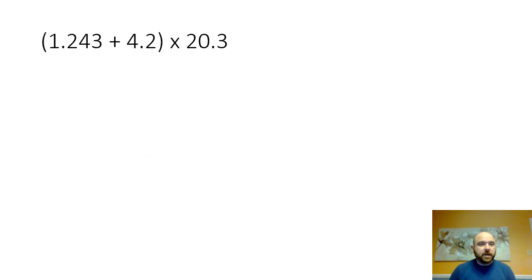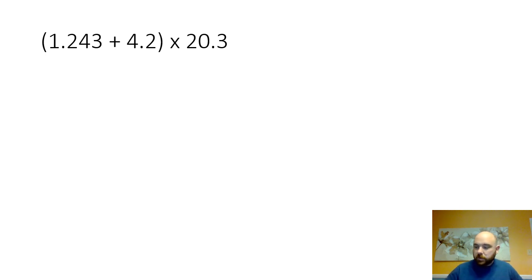In this case, we have mixed operations to determine how many significant figures we're going to use. And so if we remember our order of operations rules, things in parentheses are done first. So we're going to do the addition first. 1.243 plus 4.2 equals 5.443.